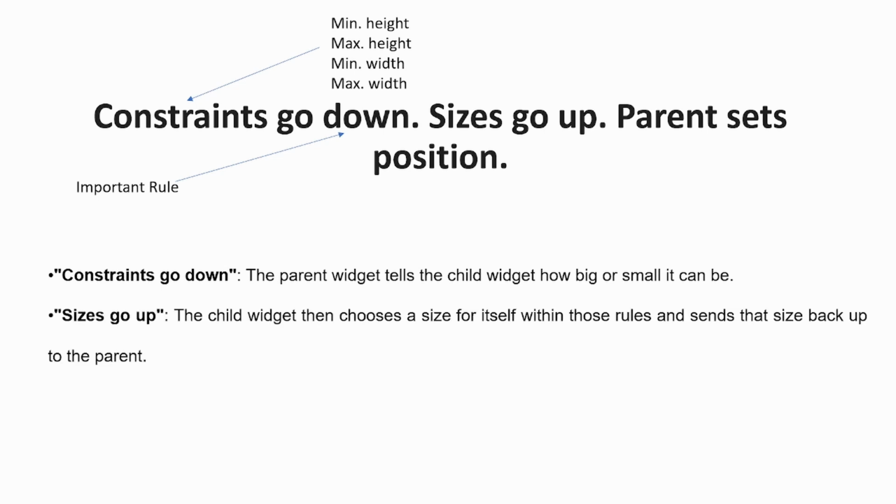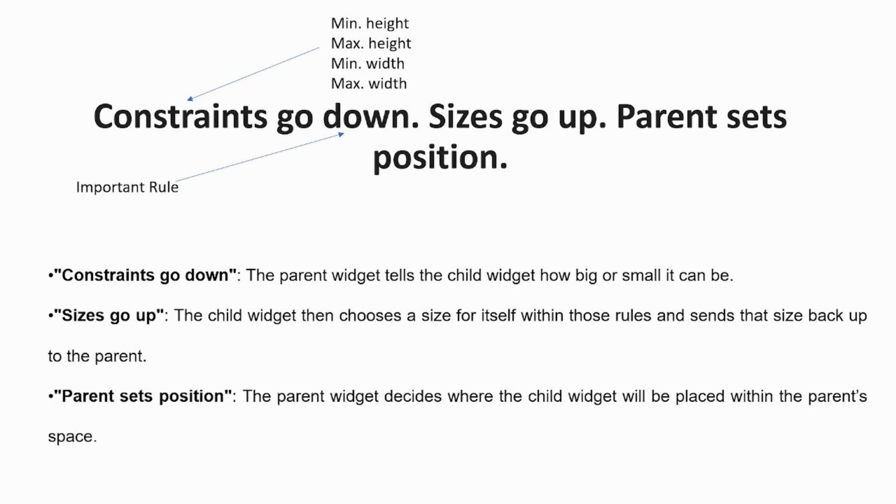Once the parent tells the child this space you can take, this height you can take, this width you can take, then the child decides within the constraints that this much size I am going to take. The child tells the parent that this much size I want. Parent sets the position. Though the child says that this much size I want, the child doesn't decide what position it has to be. The parent decides what position it has to be.